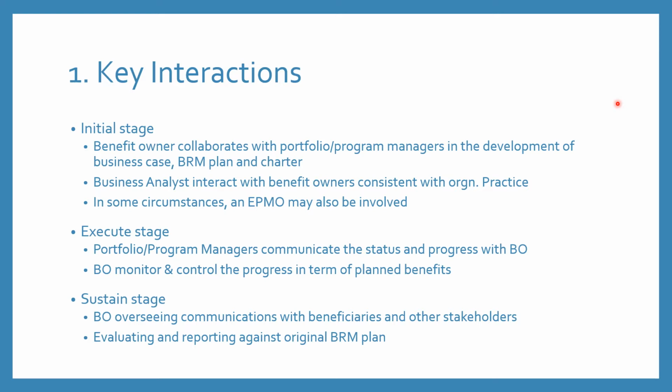In the sustain stage, the benefit owner oversees the communications with beneficiaries and other stakeholders. The benefit owner ensures that the handing over process happens correctly, with the program and portfolio managers or project managers handing over to the operations managers or identified beneficiaries, and they are also evaluating the reporting against the original BRM plan.